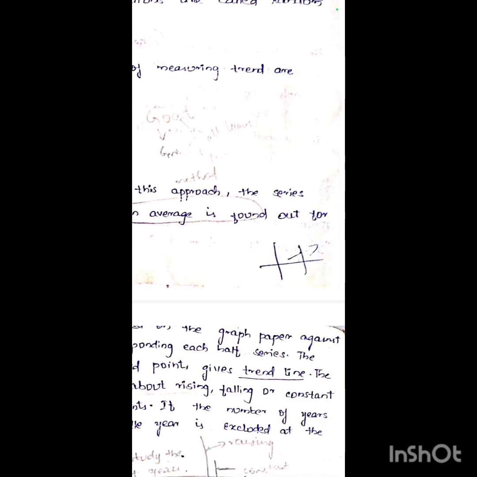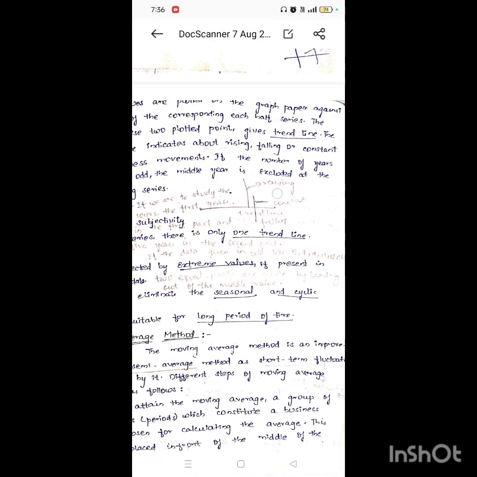In this approach the series is divided into two halves, then the average is found for each half of the series. You put these average values on the graph paper, considering the midpoints of each half series, and the line joining these two plotted points gives you a trend line.